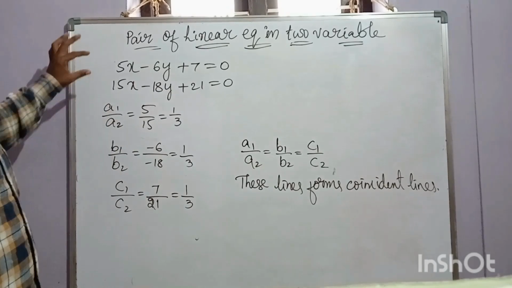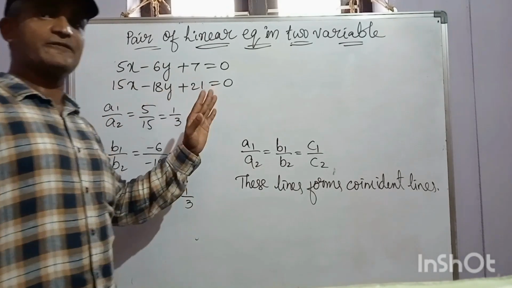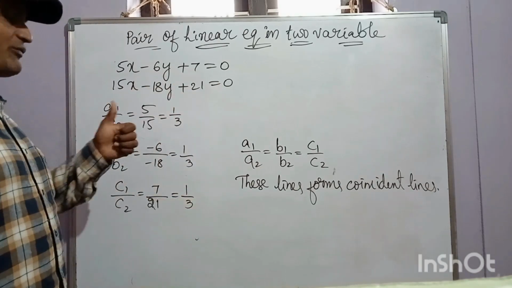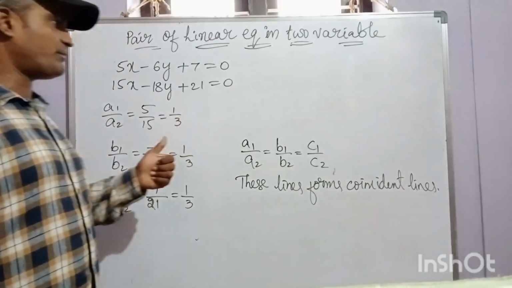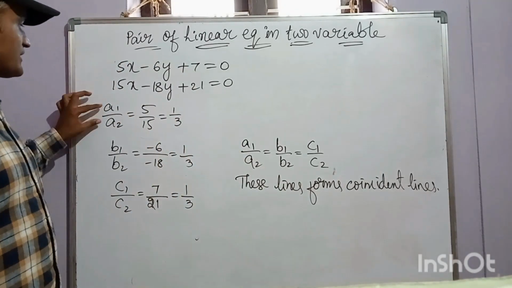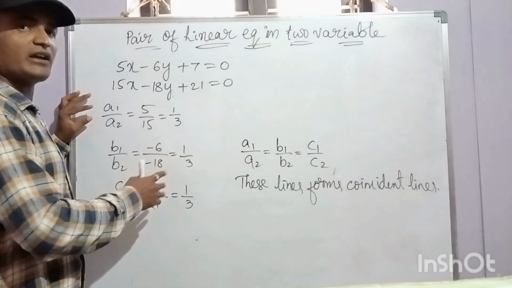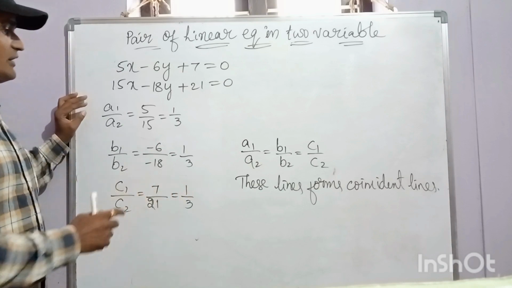So in this we took three pairs of equations, and each compulsorily forms a different kind of solution. The lines on the graph sheet: one is intersecting lines, one is parallel lines, one is coincident lines. So without drawing them we can confirm what kind of lines they are going to be.